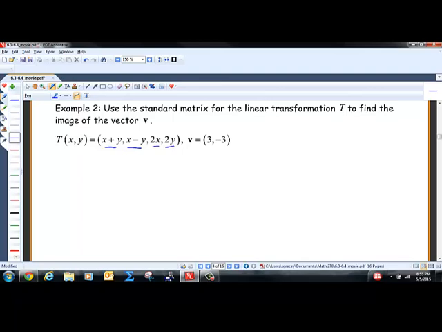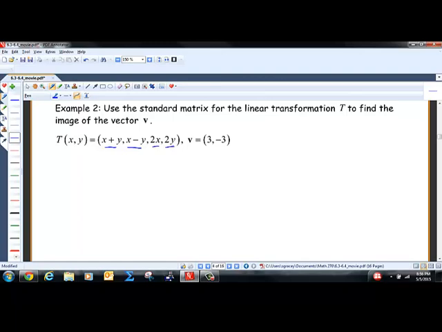But do you see that these are all written in terms of x and y? So let's see what we have going on. Oh, I'm sorry. I was looking at the wrong example. All right, no wonder it looked weird to me. So let's check it out.